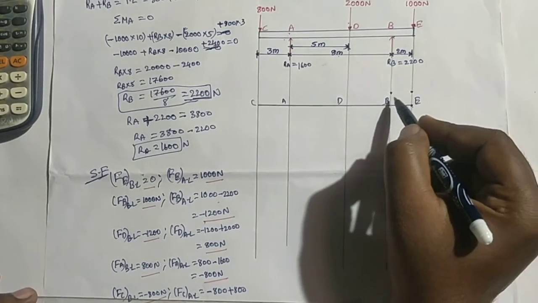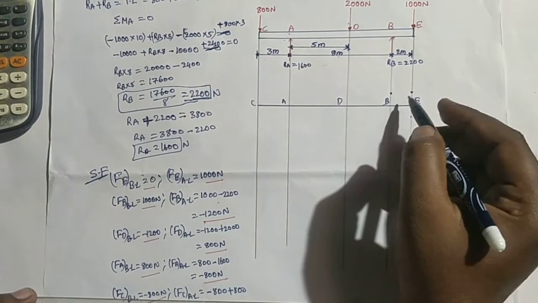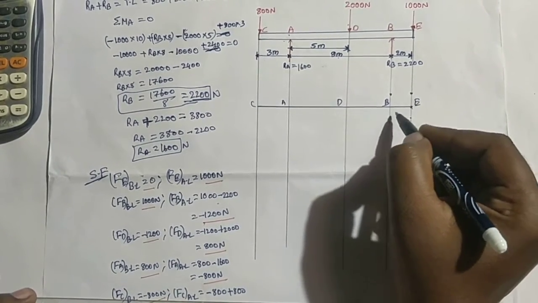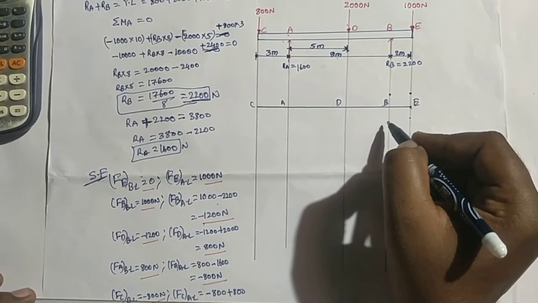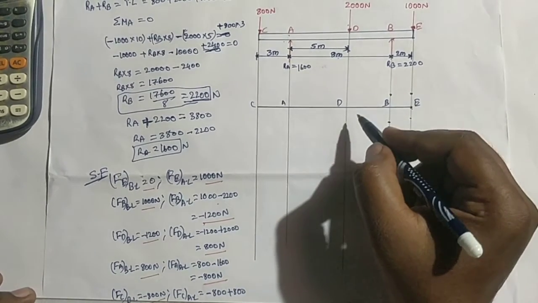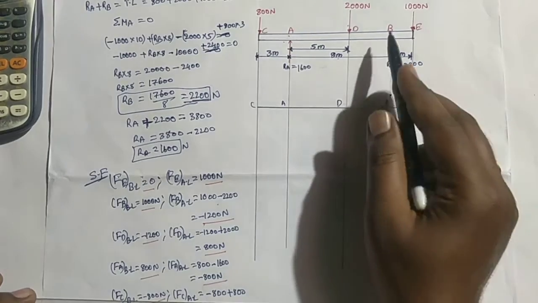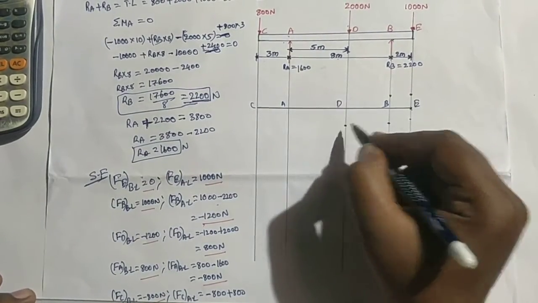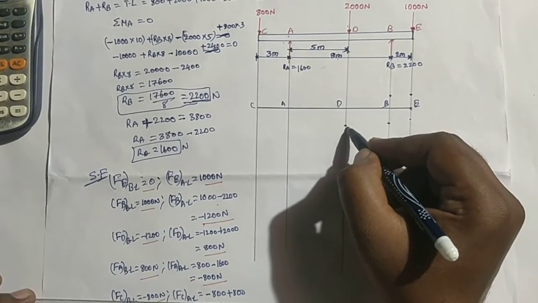Next, shear force at point B after considering the load is minus 1200, minus means we need to locate it below the baseline. Next, shear force at point D before load is minus 1200, because there is no load between B and D. There is no variation from this point to this point. It is also minus 1200.